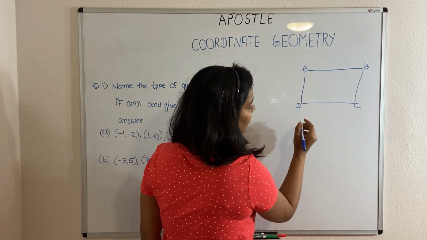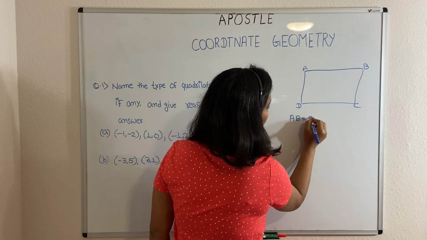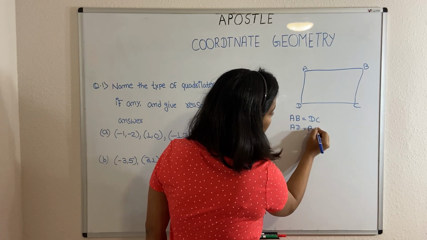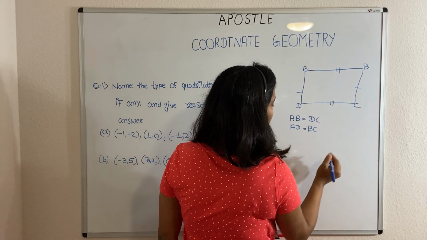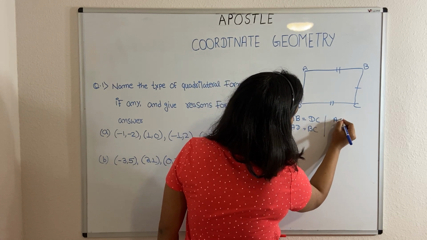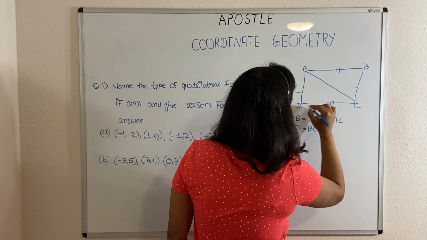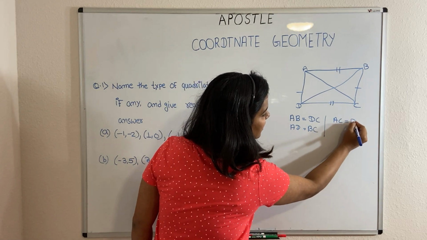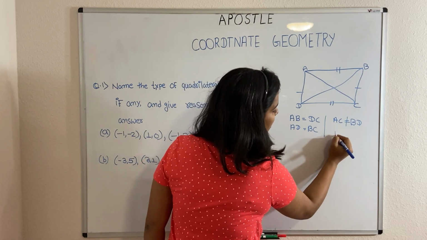In this quadrilateral, if AB is equal to DC and AD is equal to BC, meaning the parallel sides are equal, and diagonal AC is not equal to diagonal BD, then we call this a parallelogram.